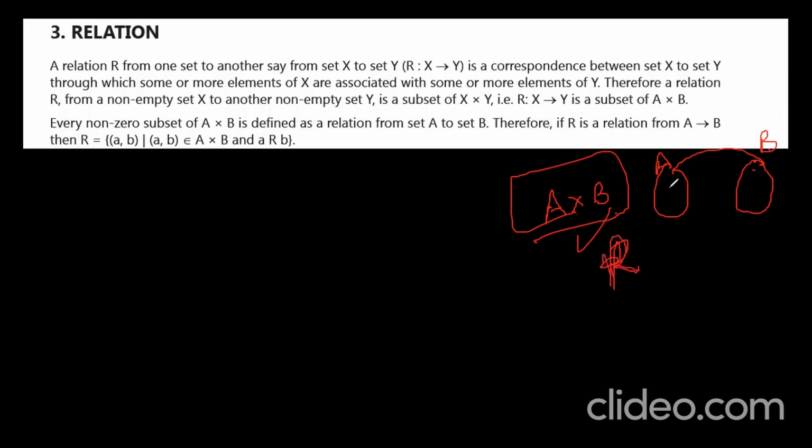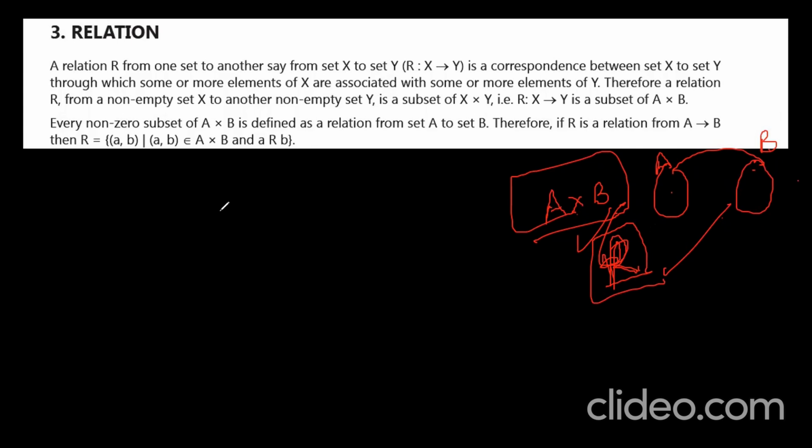Whenever you take A and B, you can easily write A × B. And if you take any subset of A × B, it is going to define a relation from A to B. Understand? Yes, very good.